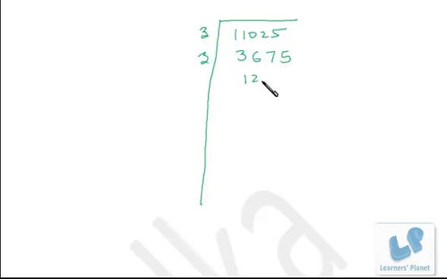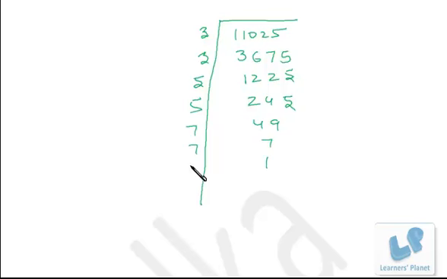So 3 2s are 6, 1. Now it is not divisible by 3. So let's divide it by 5. 5 2s are 10, 5 4s are 20, 5 5s are 25. Further 5 4s are 20, 5 9s are 45. Then 7 7s, 7 1s.